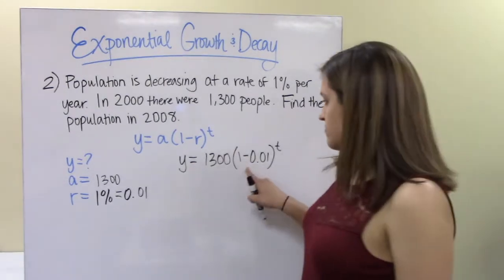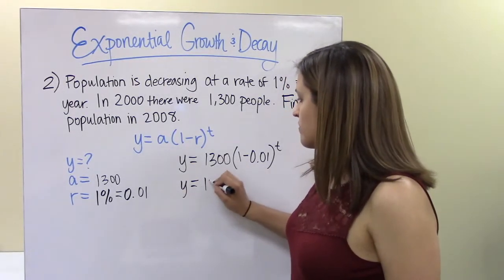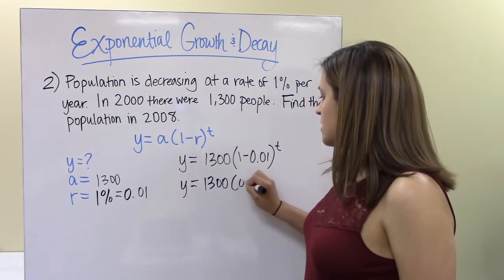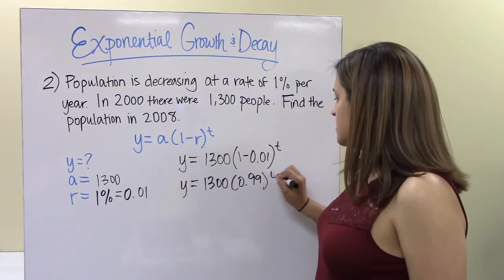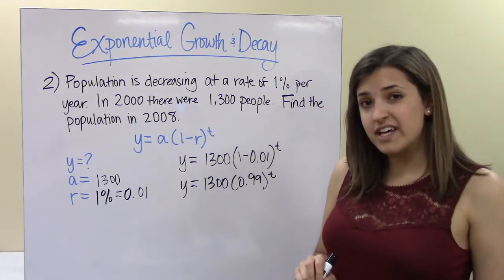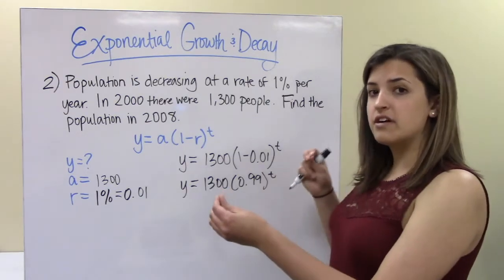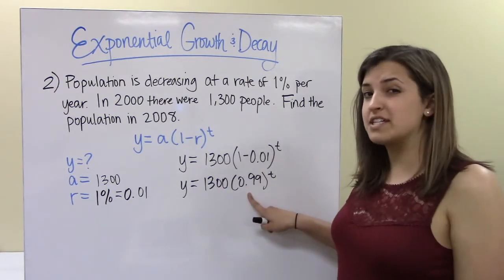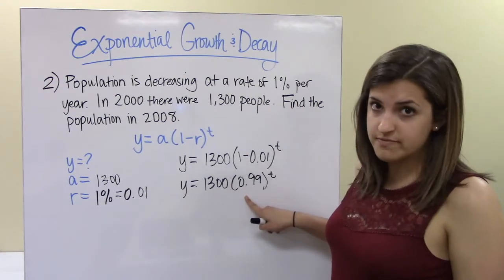And we can simplify this. We'll get y equals 1,300 times 0.99 to the t. This is saying that every consecutive year will have 99% as many people as the year before it.